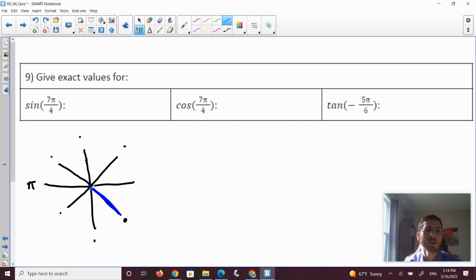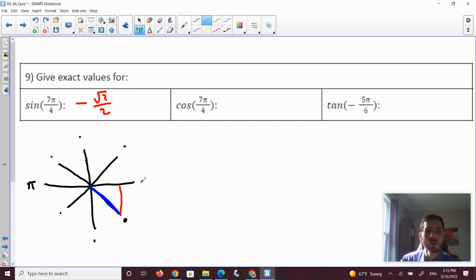All right, well, when I'm at that line, remember sine is going to be the y. So if we go down, we're going to be negative because we're going down for sine. And we're going to get square root of 2 over 2. That's just what we got because, again, these both have to be the same.